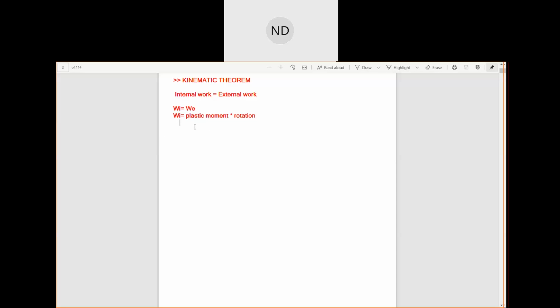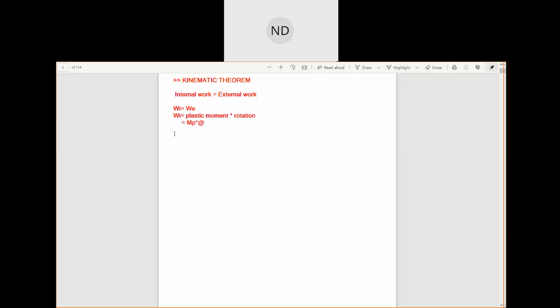The plastic moment is M suffix P, and the rotation is given by theta. Since I'm not able to write theta here, I'm using the at-the-rate sign, which you can understand to be a theta. So internal work is M P into theta, the rotation.